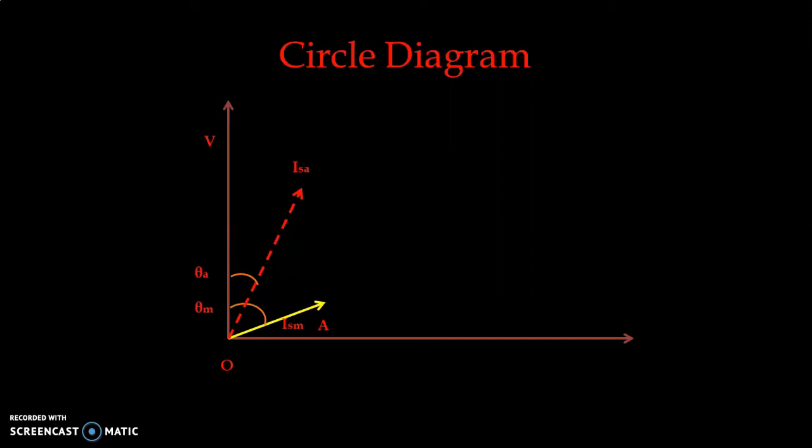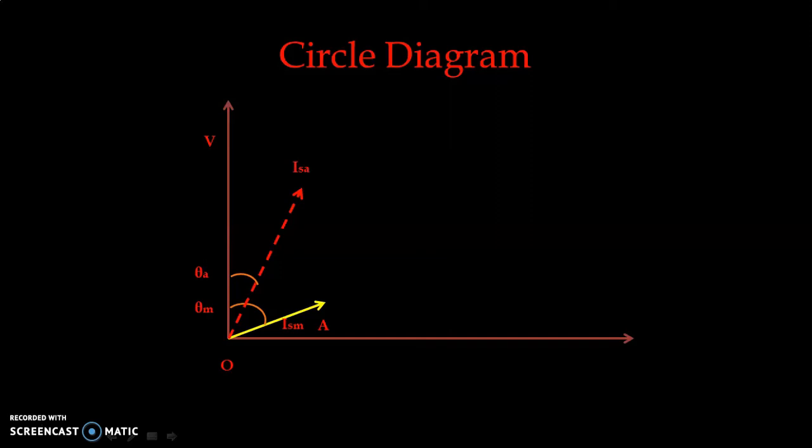We can see that the angle the starting current of the auxiliary winding makes with the voltage axis is very less, and the reason is it has a very high resistance in the winding and low reactance. So the angle is very less compared to the angle theta m which the starting current of the main winding makes with the voltage axis.